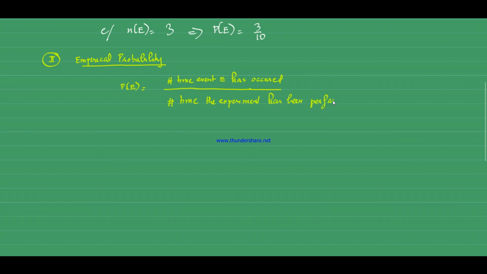You see that? So we put into consideration the number of performances. Last time we just talked about the number of elements in the sample space in the bottom. But now we need to talk about the total number of experiments performed.